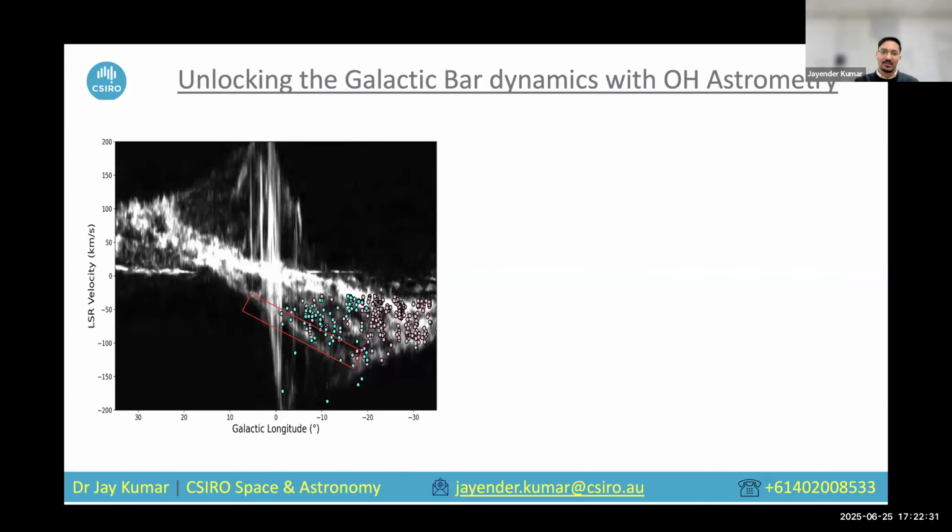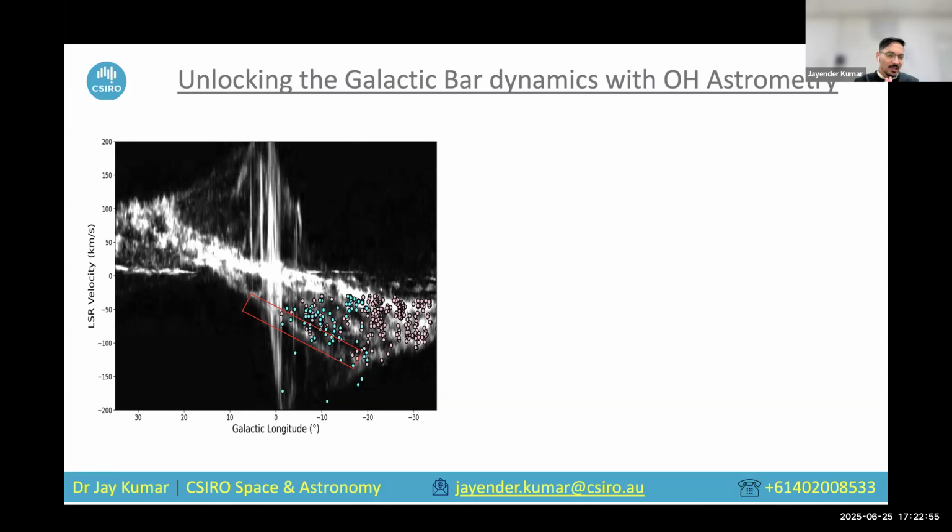Okay, I'll go a bit further over here. This is the same region, the same area in the LV diagram, and what I'm plotting over here is the number of observed or detected maser transitions.